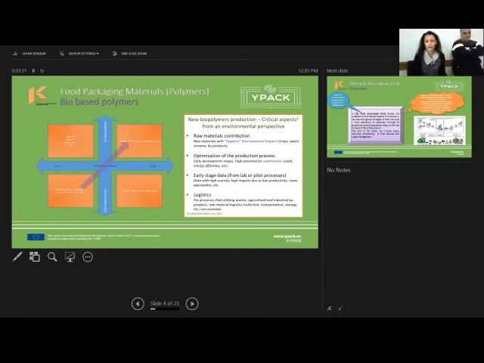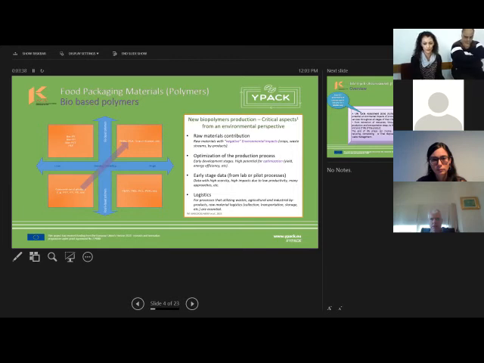Also, we have to go from the lab stage to higher TRLs, and to take also into account the logistics for the processes that utilize these raw materials, such as collection, transportation, storage, etc.